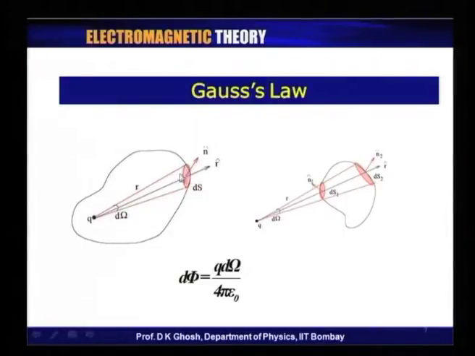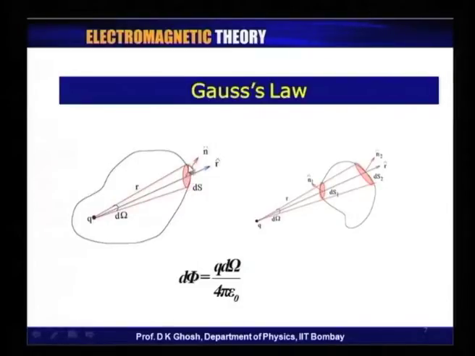So, I multiply with ds times cos theta, whatever is the angle that it makes here. But you remember that ds cos theta is nothing but the projection of this area element ds in a direction perpendicular to r. So, that is nothing but, in our previous notation, d s perpendicular.